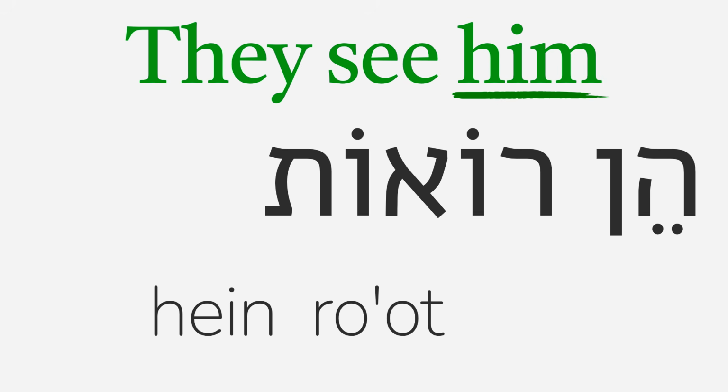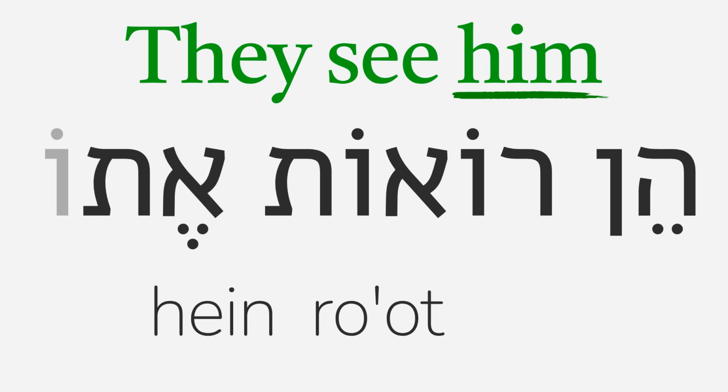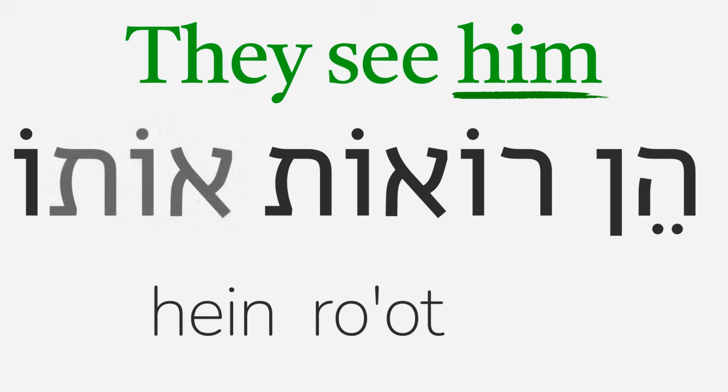Since him is the object of an action, seeing, being done directly to it, and since him is a definite person, to say this in Hebrew, we will use the definite direct object marker et with an o, him suffix on the end. When the suffix is added, the e in et turns into an o, so we get oto, him, as the definite direct object of a verb. Hein ro'ot oto, they see him.